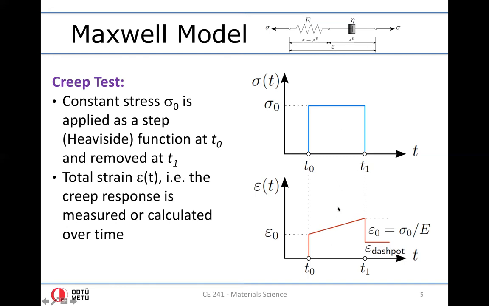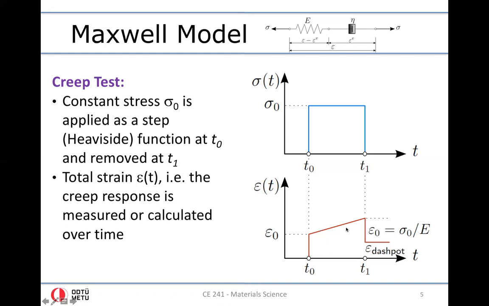If you want to decompose the strains, especially when you look at the strain-time curve at t1, the initially observed instantaneous strain is due to the straining in this spring, while the evolution of the strain from epsilon 0 to a higher value with a constant rate is due to the separation of the dashpot.